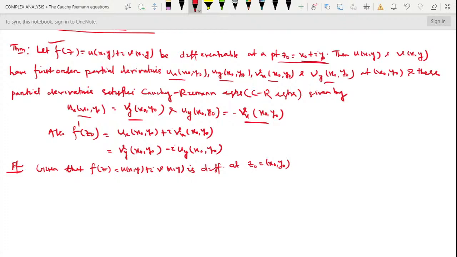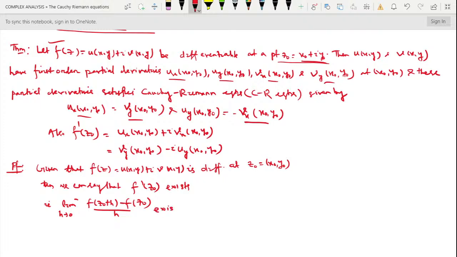So if this f of z is differentiable at z naught, then we can say that f dash z naught exists. What do I mean by f dash z naught exists? That means the limit as h tends to 0 of f of z naught plus h minus f of z naught, divided by h, exists.